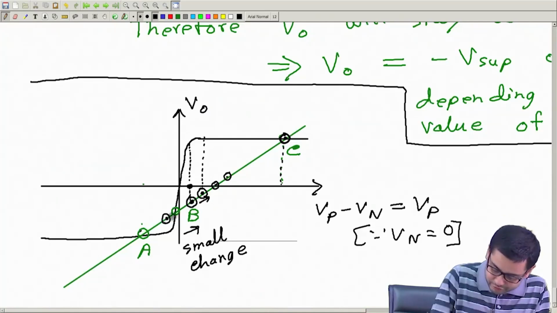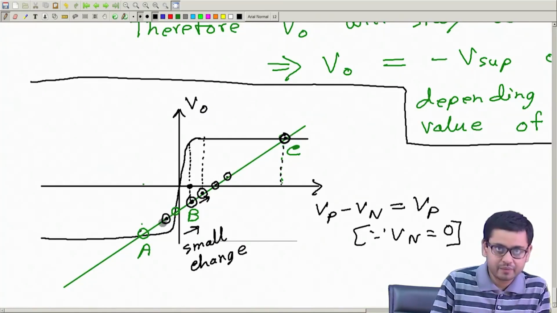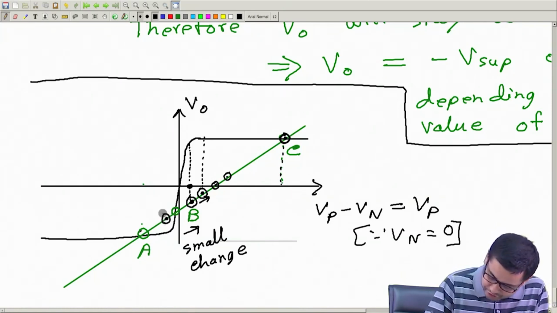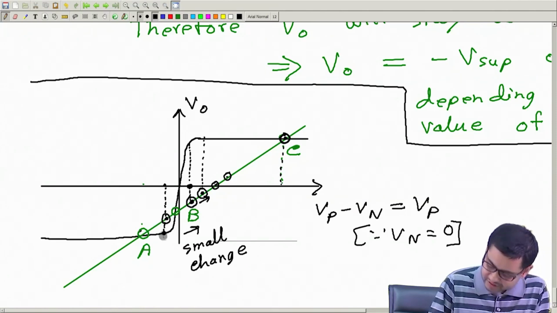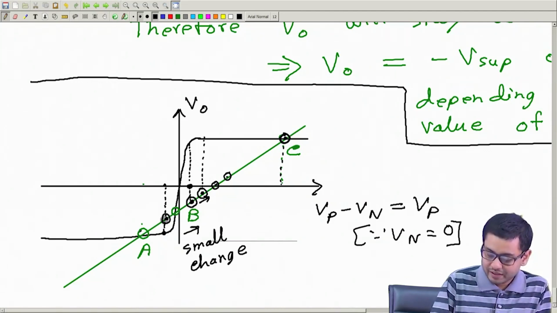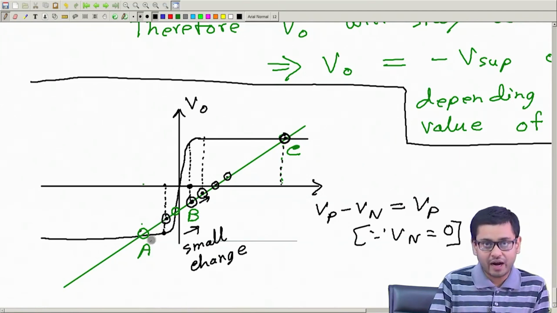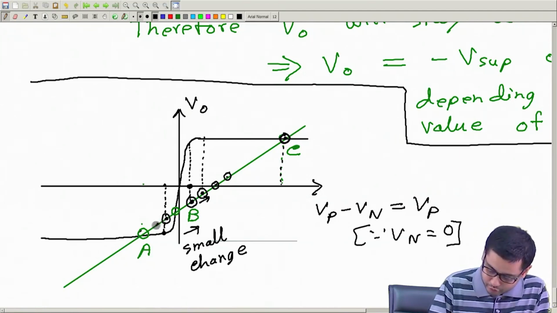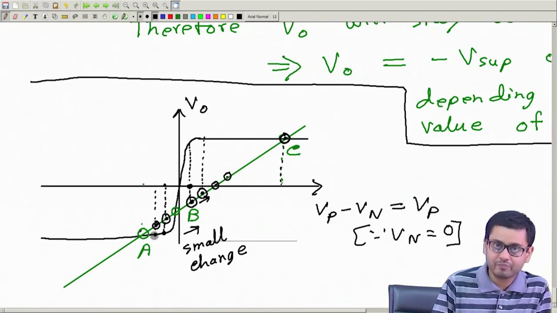So if output decreases, I'll come here, and now this is the input to the op amp. For this input, the output of the op amp should be here, which is less than the current Vo. So the output will decrease further. I will move down further here, and then once again for this input, this should be the output of the op amp, so the op amp will try to decrease its output further.